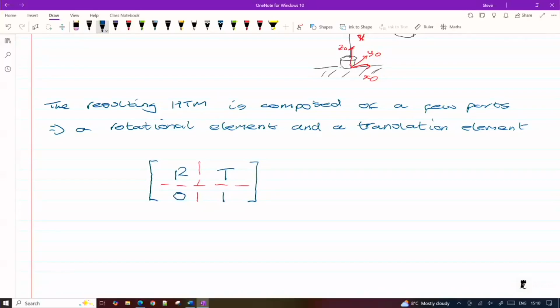Okay, so within this overall matrix, so for 3D case it's a 4x4 matrix, we have a rotational element that's made up of a 3x3 matrix, which describes a rotation around an X, Y, or a Z axis in 3 dimensions, but also we have a translational element T, which is a 3-row vector that describes the translation of the end effector from our fixed base coordinate system origin. Okay?